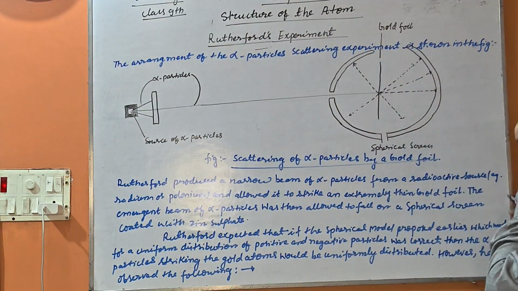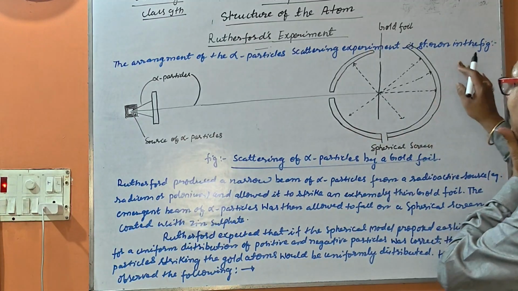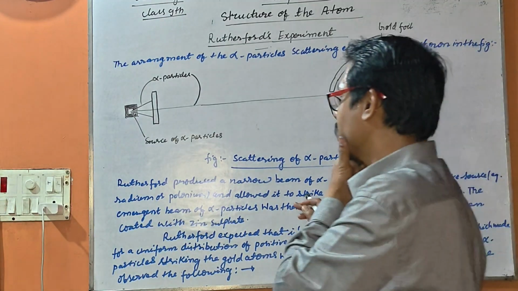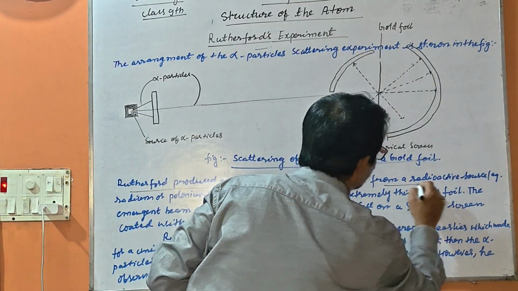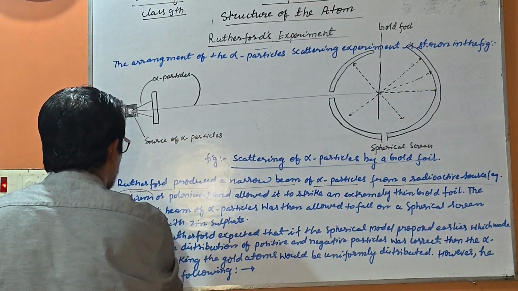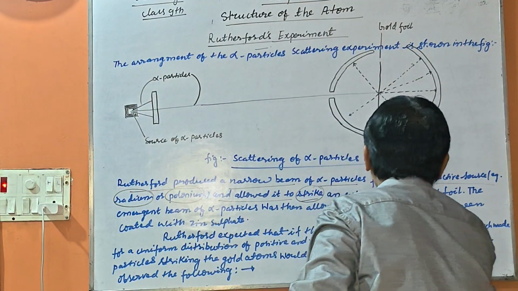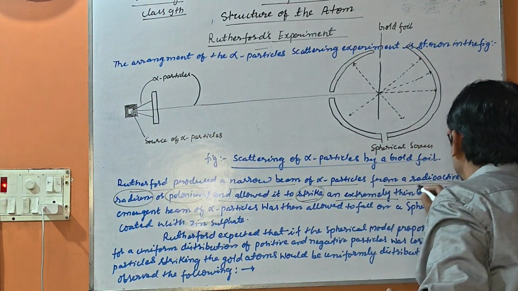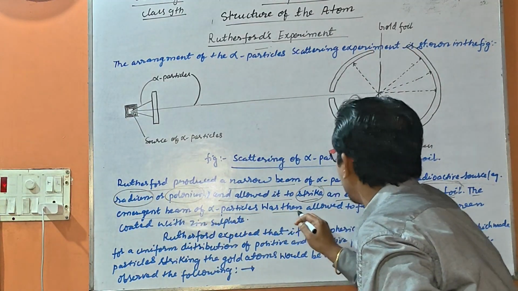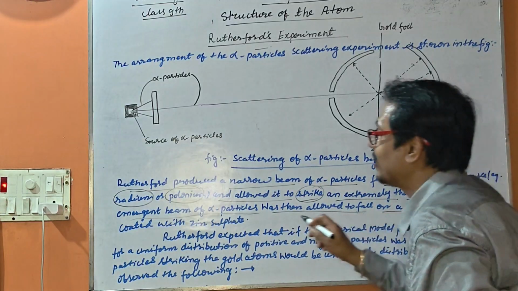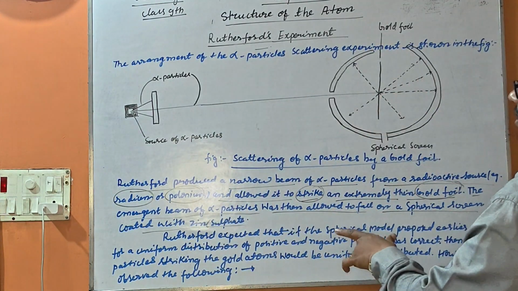The arrangement of the alpha particle scattering experiment is shown in the figure. This is the source of alpha particles, the spherical screen, and this is the gold foil. Rutherford produced a narrow beam of alpha particles from a radioactive source, radium or polonium, and allowed it to strike an extremely thin gold foil. The emergent beam was then allowed to fall on a spherical screen coated with zinc sulfate.